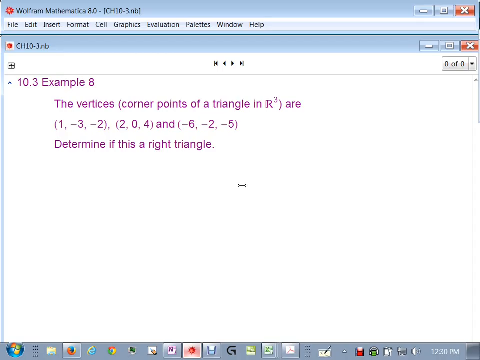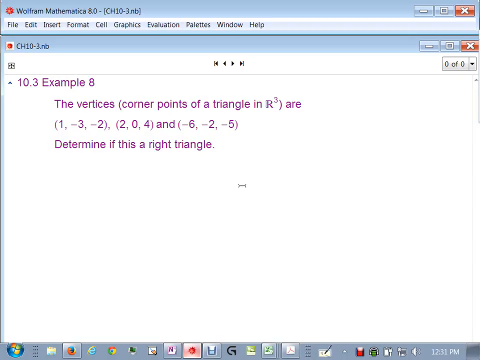So the biggest mistake I see on this is that people start dotting the coordinate points. You don't dot the points. You can't dot points. You dot vectors. So I have to create the vector from here to here, from here to here, and then I can dot them and hope for 0. If I don't get 0, what? Not yet.